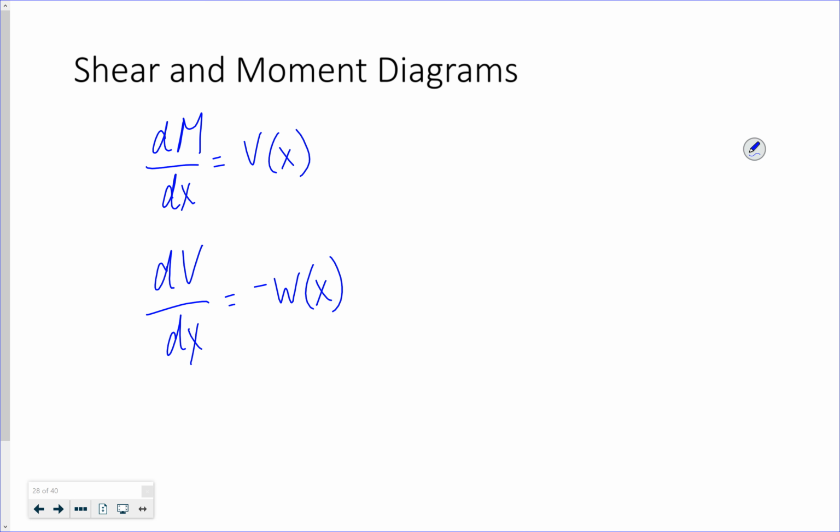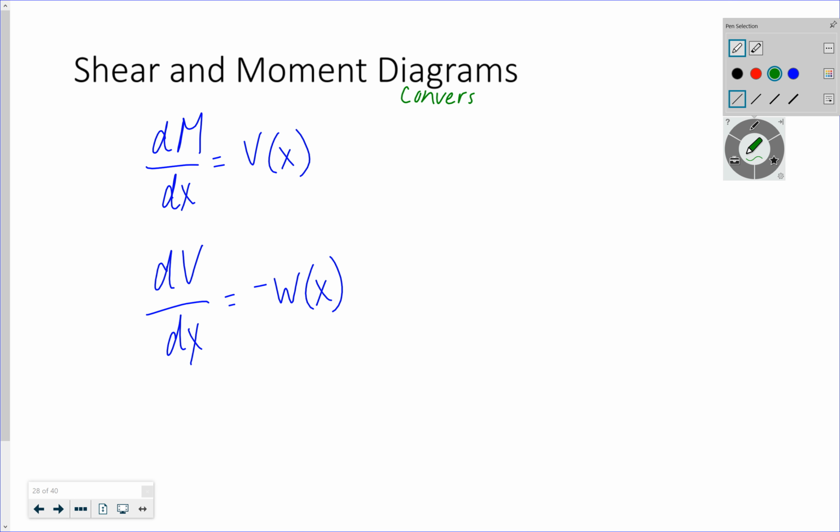Conversely, now let's switch from differential calculus to integral calculus. The converse is also true.